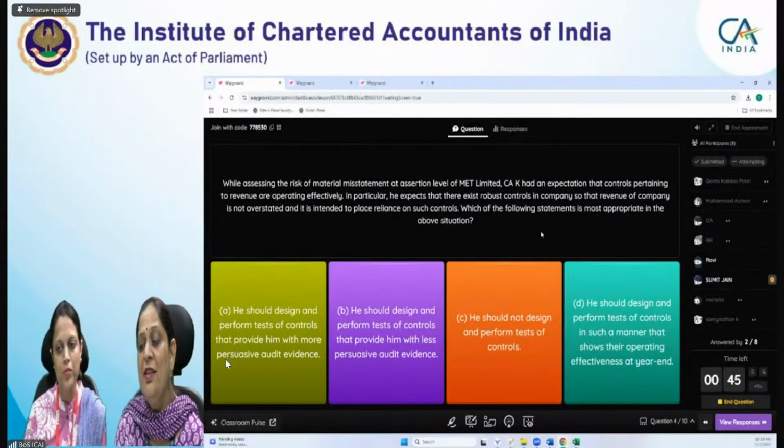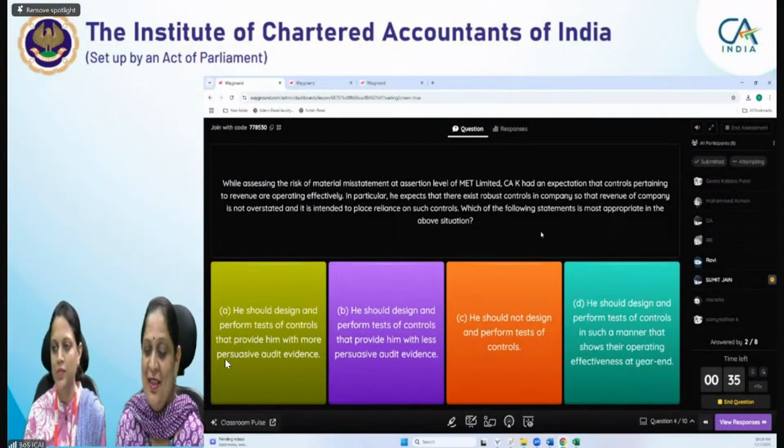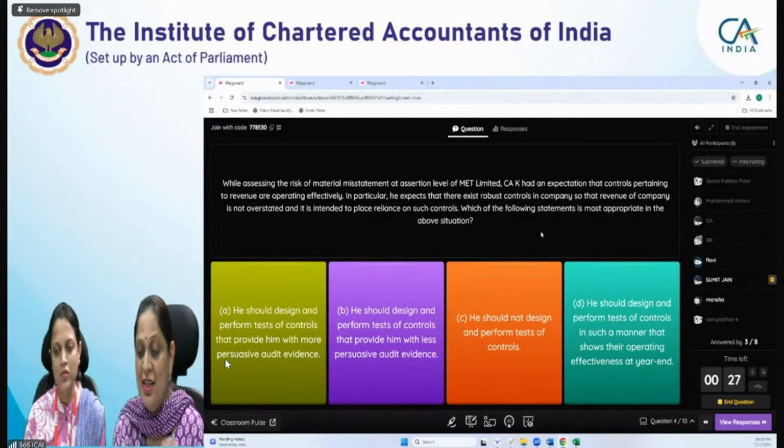Till now, only Sumit and Ravi have answered, right? Forty seconds are left. I'm reading the question again for you. You need to assess the risk of material misstatement, ROMM, at the assertion level. The question is specifically about the assertion level.